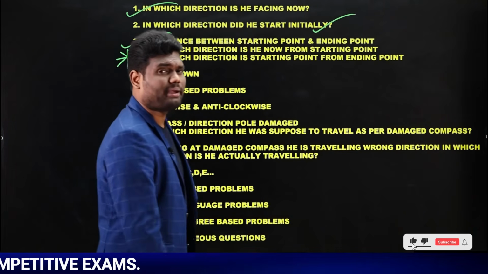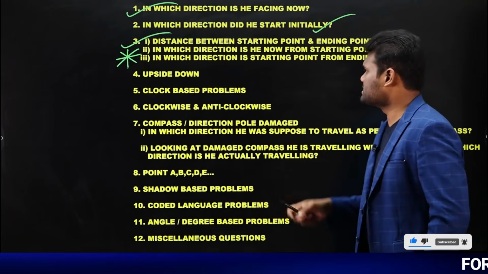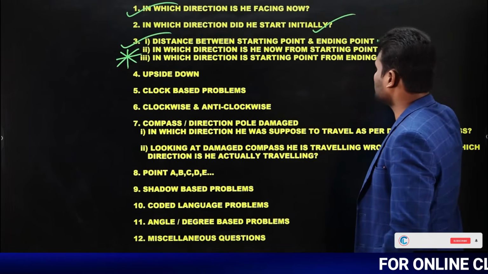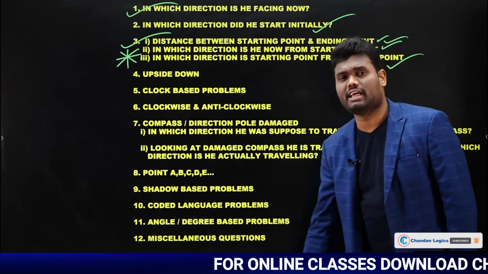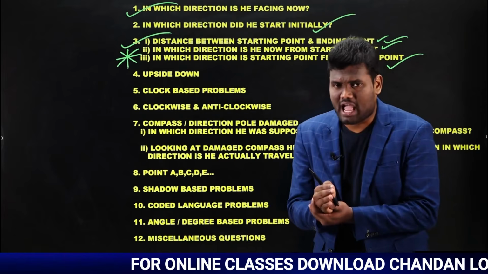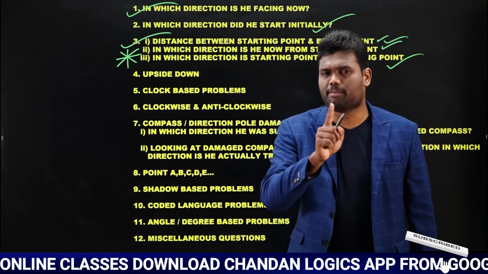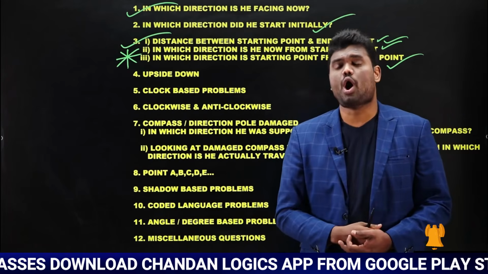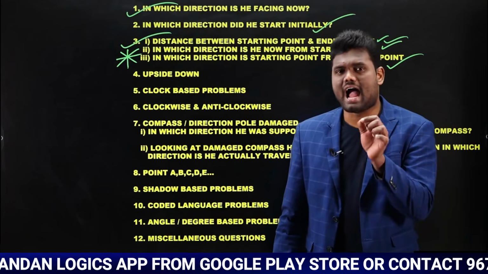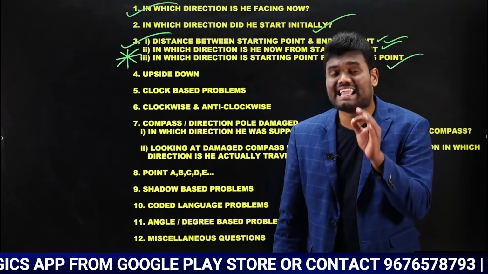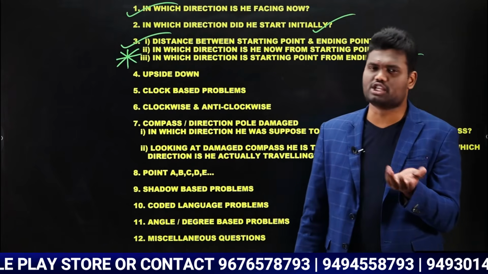Sometimes in model number 3, they will club two questions. They can club 1 and 2 together, or 1 and 3 together, saying, in which direction and how long a distance is he now from the starting point? Or, in which direction and how long a distance is the starting point from the ending point? The question can be in this way also.